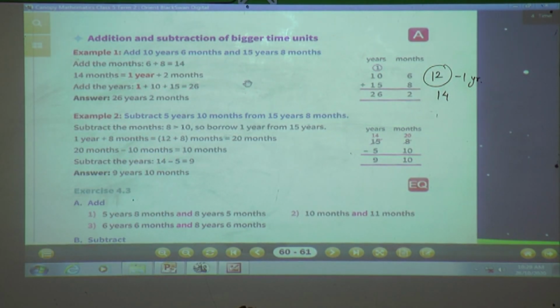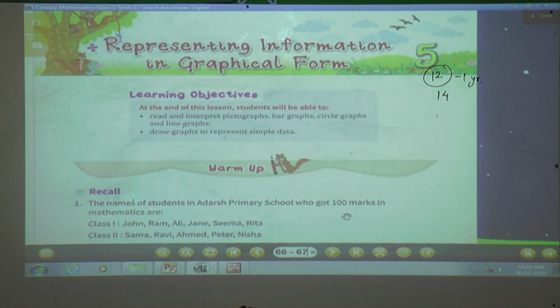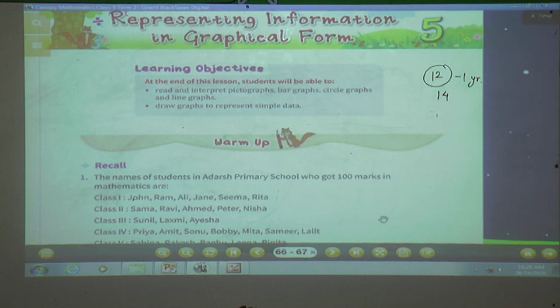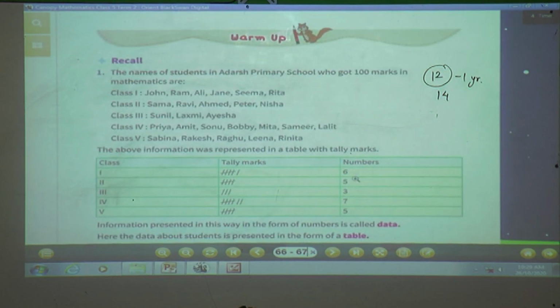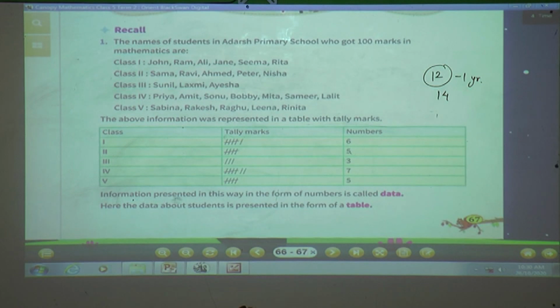Okay. Now, page number 67. See students, here representing information in graphical form. Here information presented in this way in the form of numbers is called data.